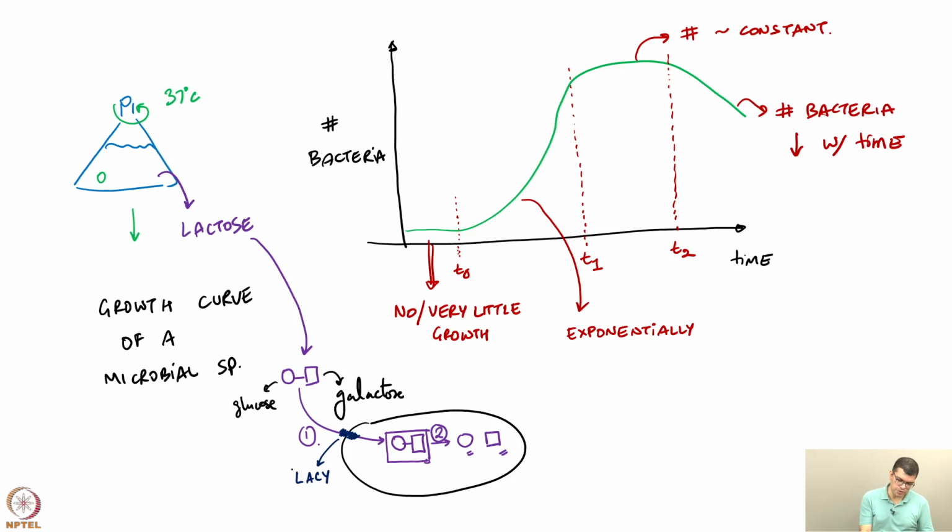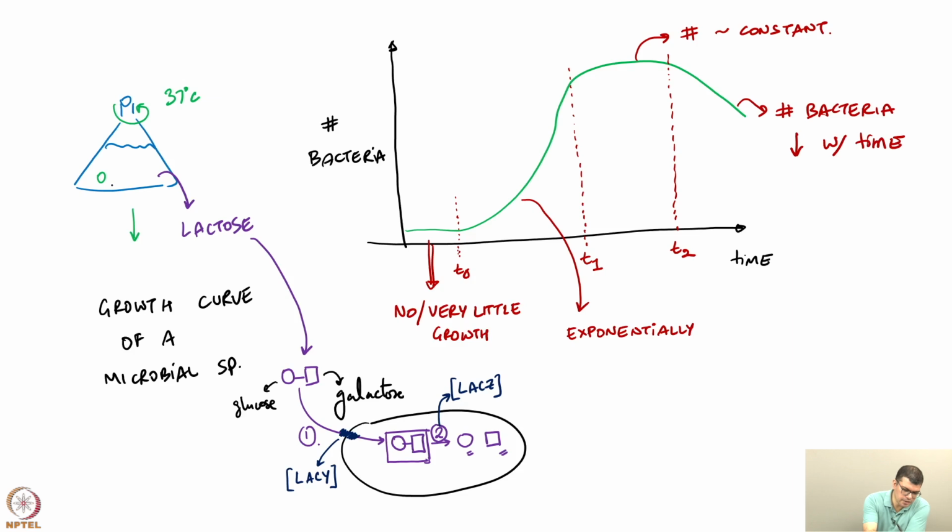This protein, as we saw in one of the previous lectures, is only produced when lactose is around in the environment. If you place E. coli in an environment where glucose is the only carbon source, then LacY will not be made. The hydrolysis of lactose into glucose and galactose is facilitated by another protein called LacZ, which also is only synthesized when cells are in an environment where lactose is present as the carbon source.